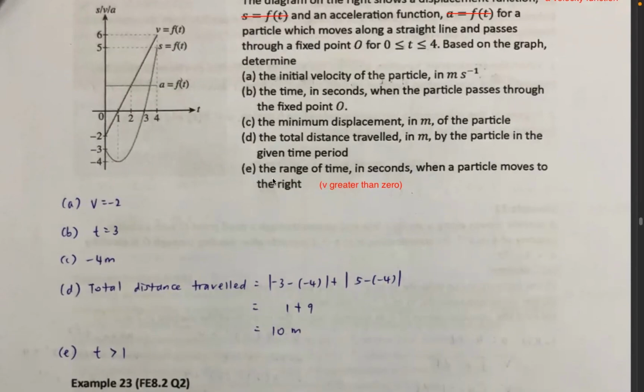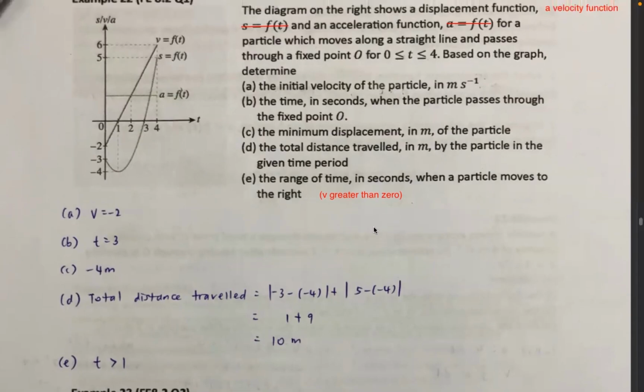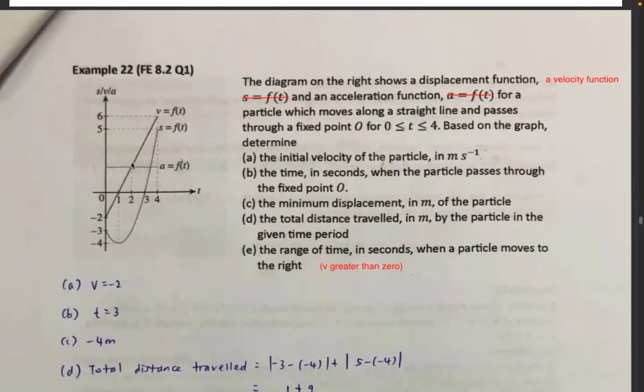Next one, E. Find the range of time in seconds when the particle moves to the right. When the particle moves to the right, it means v is greater than 0. So let's check the velocity time graph. This is the velocity time graph, which means the y coordinate of the graph is velocity.